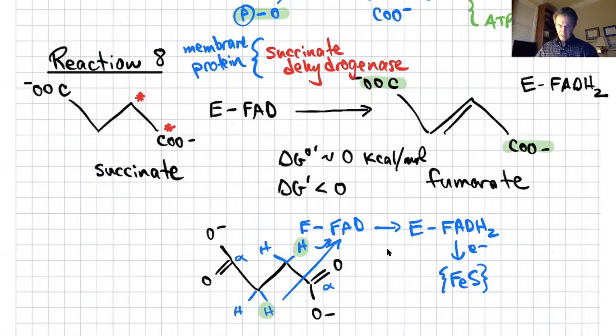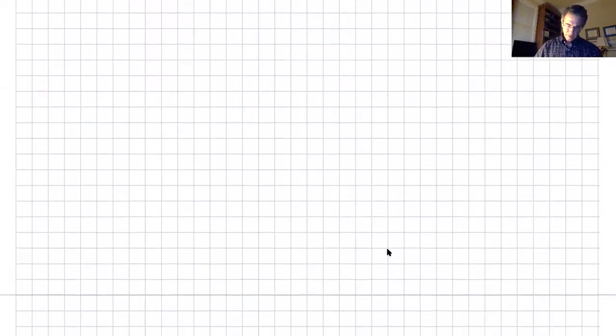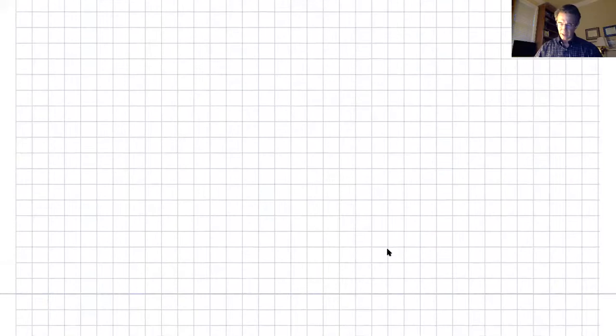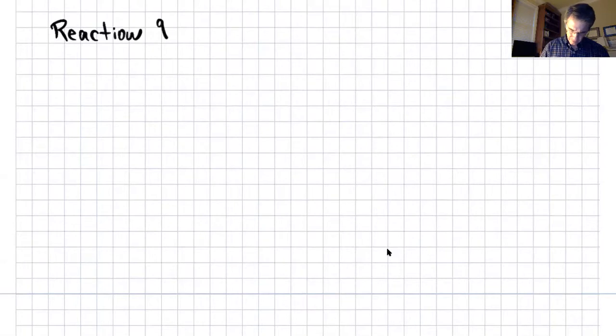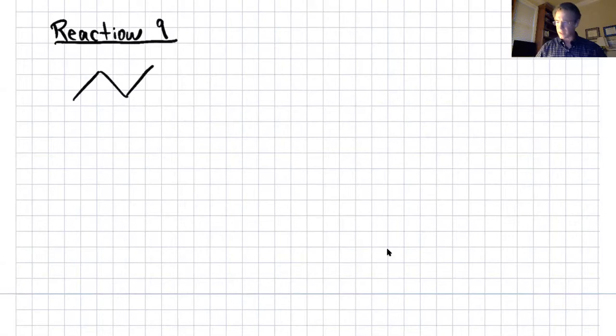We're almost there. Last couple of reactions and then we're done, right? So remember the name of the game here, I keep reminding you guys: we want to get back up to oxaloacetate. We're already down to 4 carbons. We had that symmetric dicarboxylic acid succinate, which we just oxidized across the 2,3 carbon to fumarate.